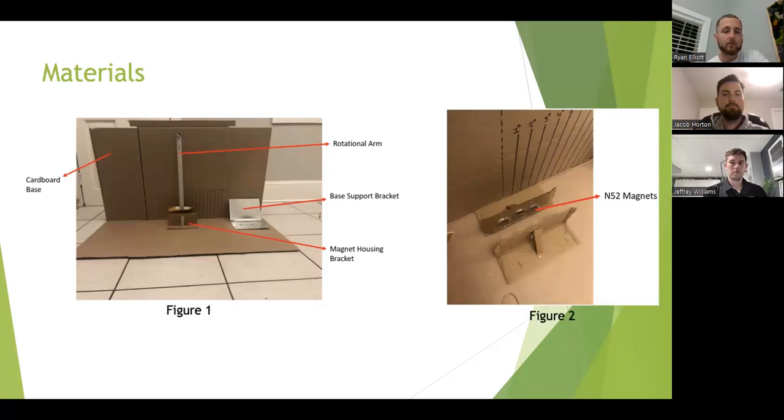At the bottom of the ruler, you could fix four different types of sheet metal: a flat aluminum piece, a piece of aluminum sheet metal with teeth cut into it, a flat piece of copper sheet metal, and a piece of copper sheet metal with teeth cut into it. That was made to swing through two magnet housing brackets pictured to the right, and three N52 magnets were fixed to either magnet housing bracket to generate our magnetic field.